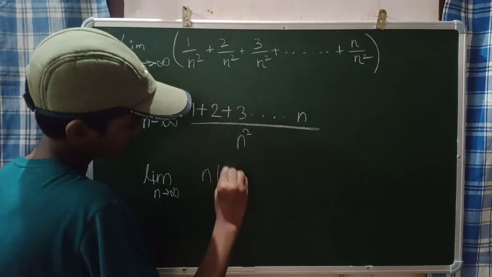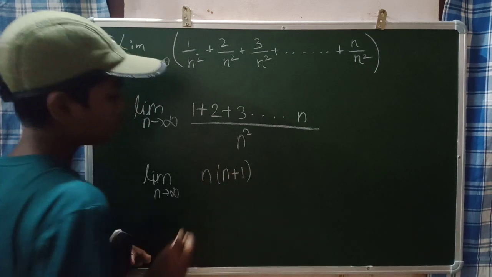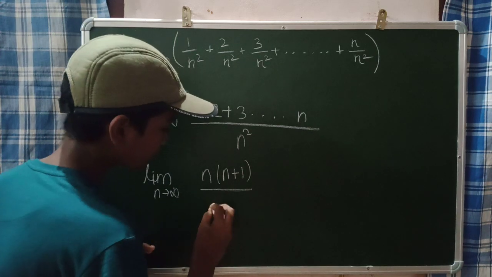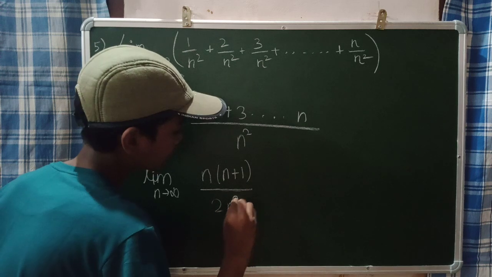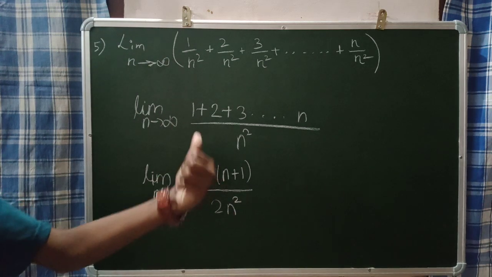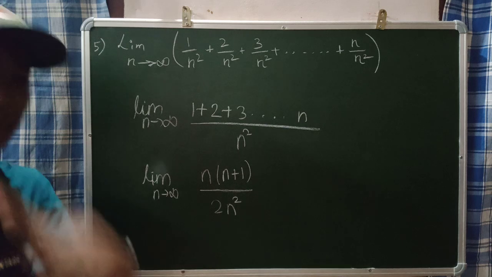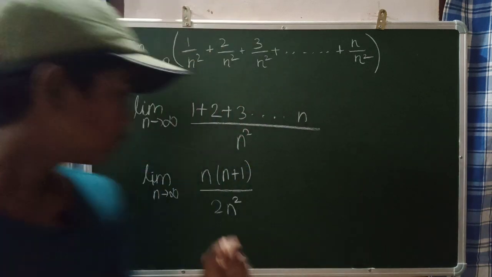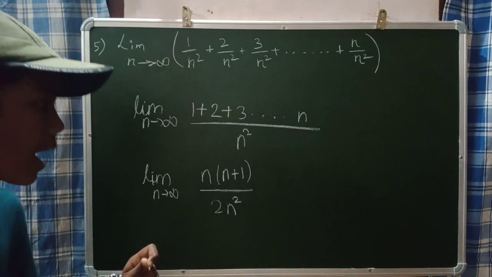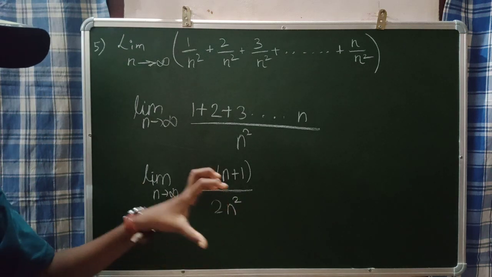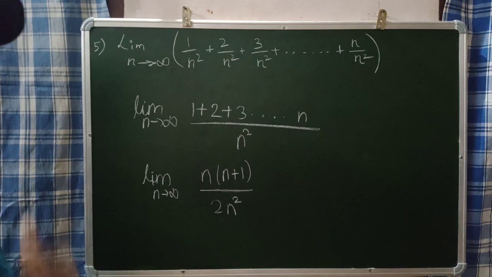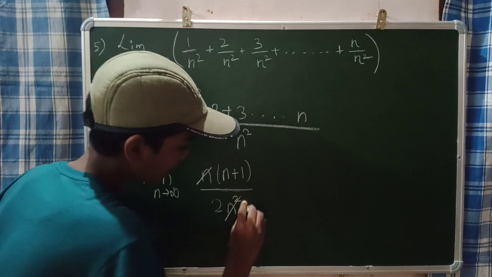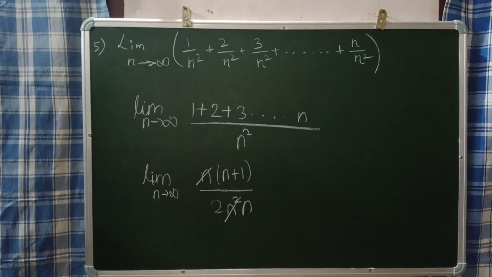That is a property, or you can say a formula, you guys learned in sequence and series, and that is what I am using here. The 2 I can take to the denominator, and that is what I did now. So this n and this n, I would cancel them.